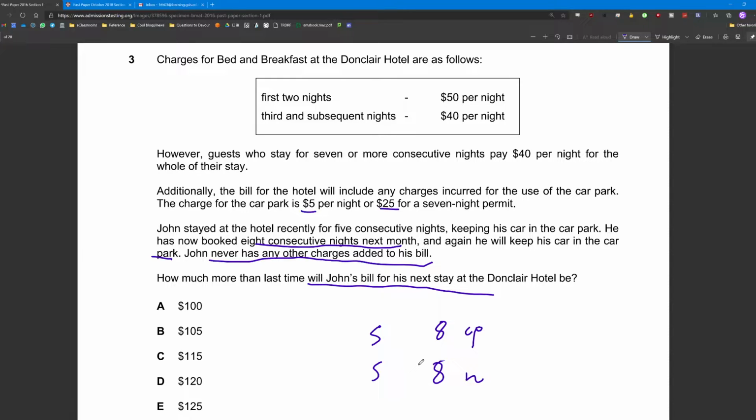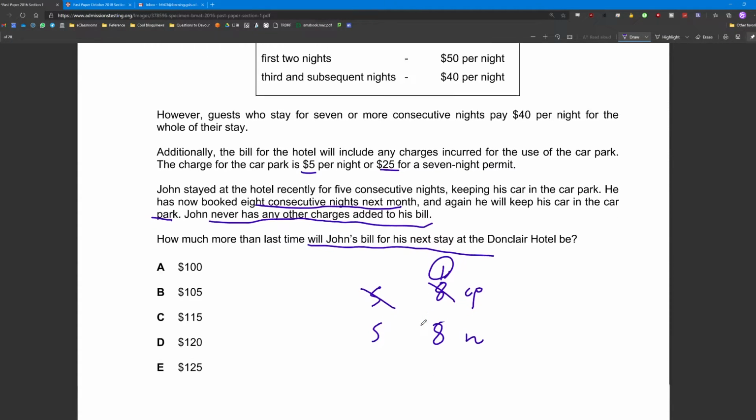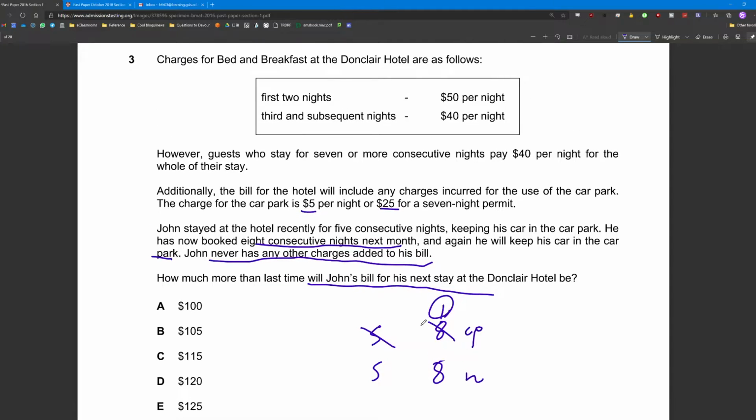Because a car park has a 7-night permit for $25, and 5 nights will already be $25, you can cancel it out and get 1 extra night's worth of car park charge, right? And the second thing to consider is the amount that he pays for the additional nights.